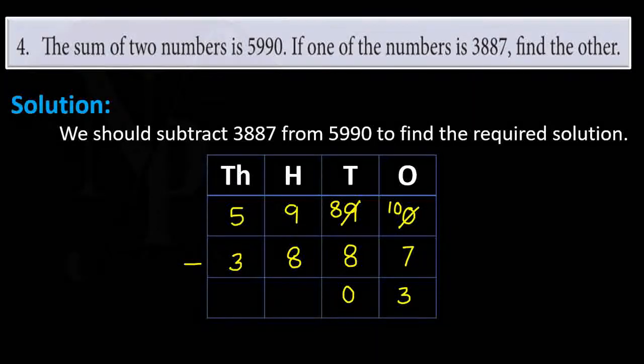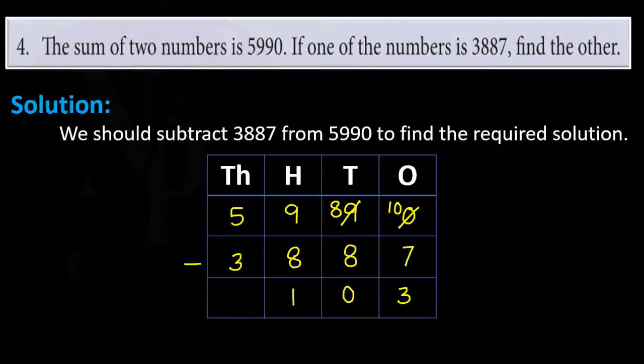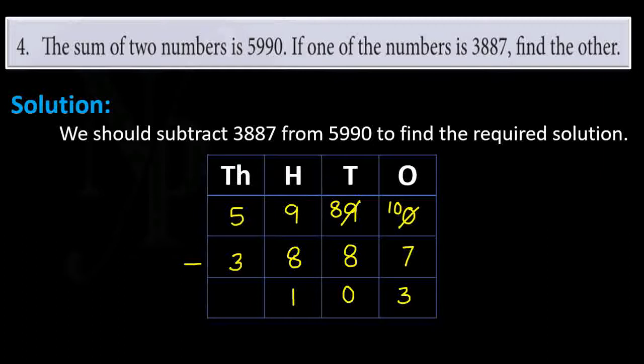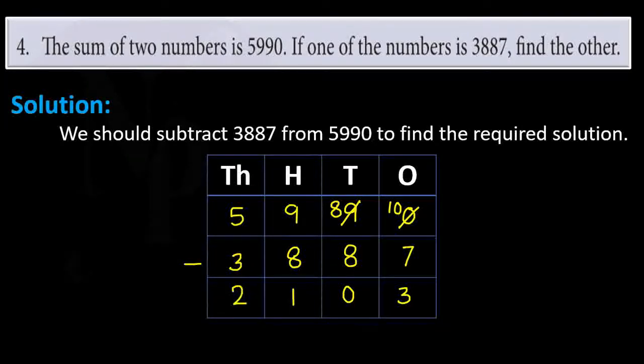And subtracting 8 hundreds from 9 hundreds, we get 100. Here in thousands column we will subtract 3000s from 5000s. We get 2000s as difference.